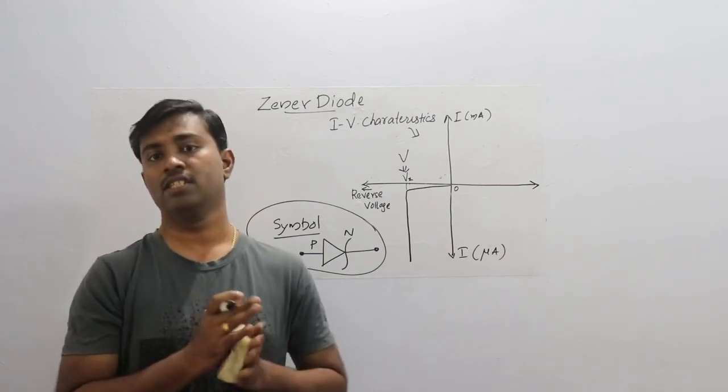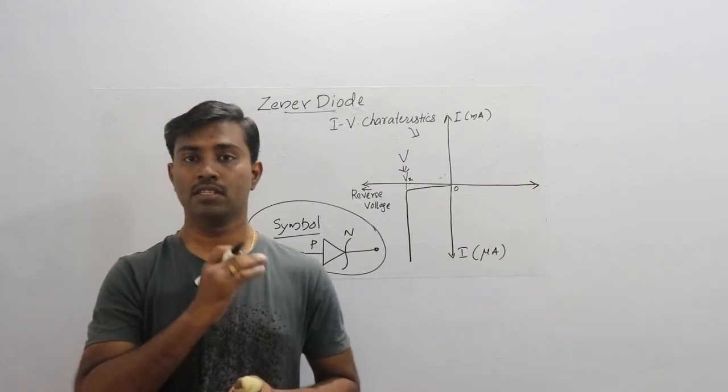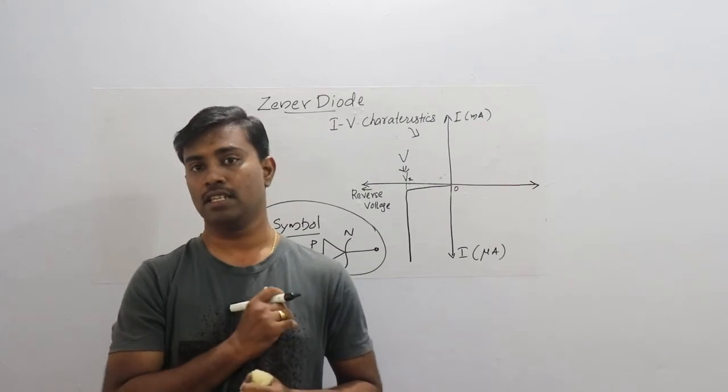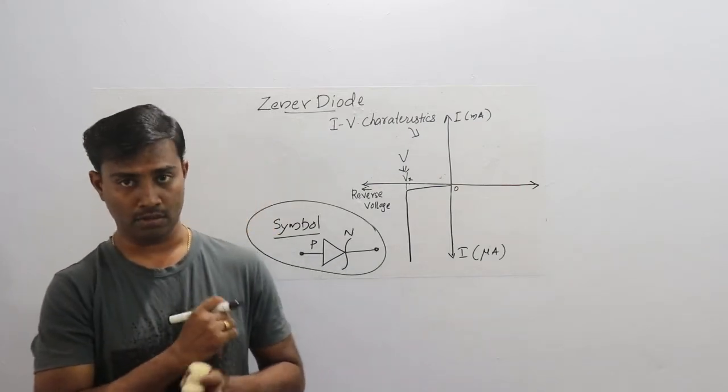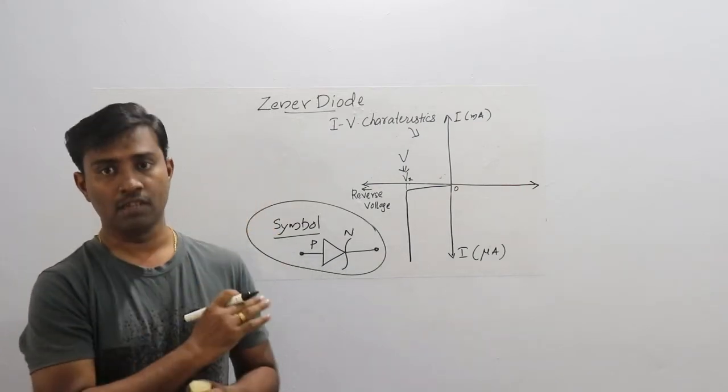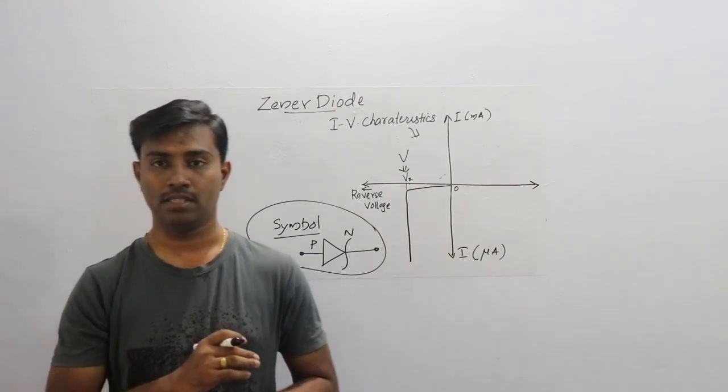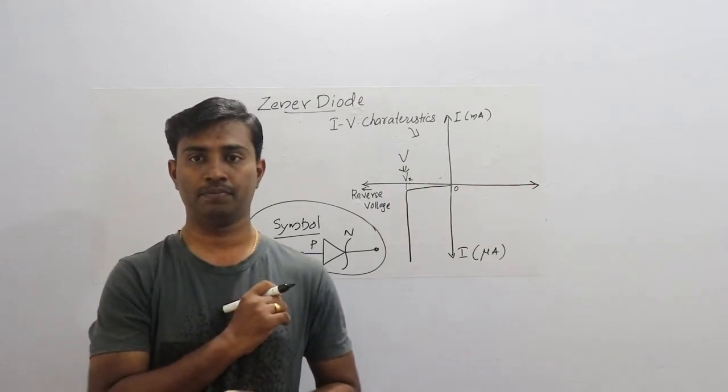Because of this, we use the Zener diode as a voltage regulator.